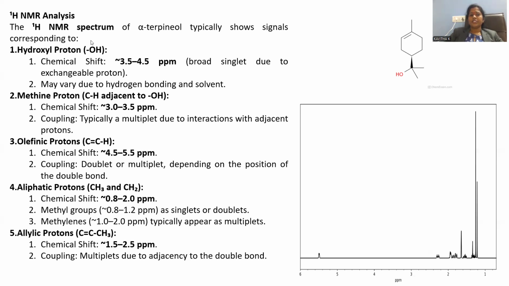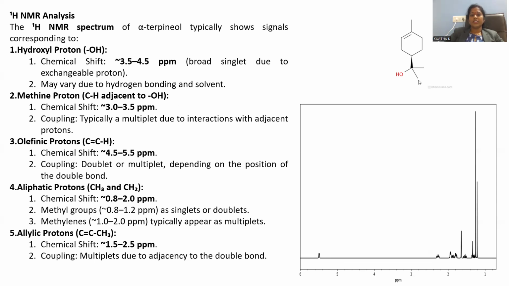Under protic conditions, it may participate, and not only under protic conditions; within the molecule also there is a provision for hydrogen bonding. That's the reason the value may be dragged towards downfield, so that the peak appears around 5.5. And here we have another proton, adjacent to the OH.